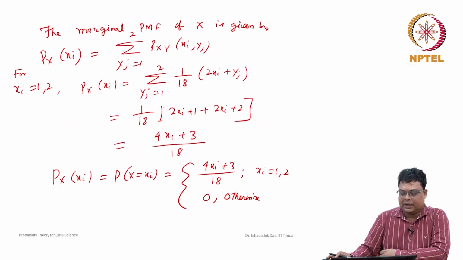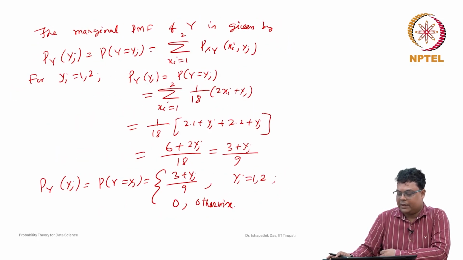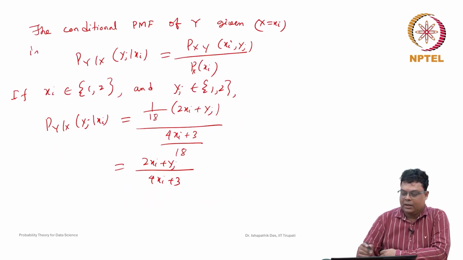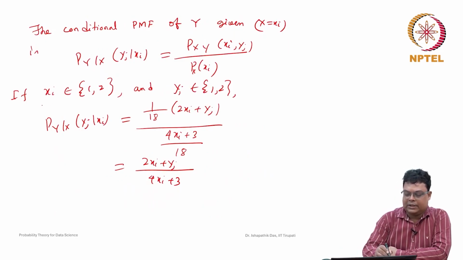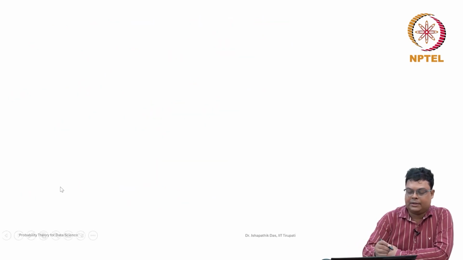So let us check whether it is correct: (4xi plus 3) by 18. Let us write on the next page.